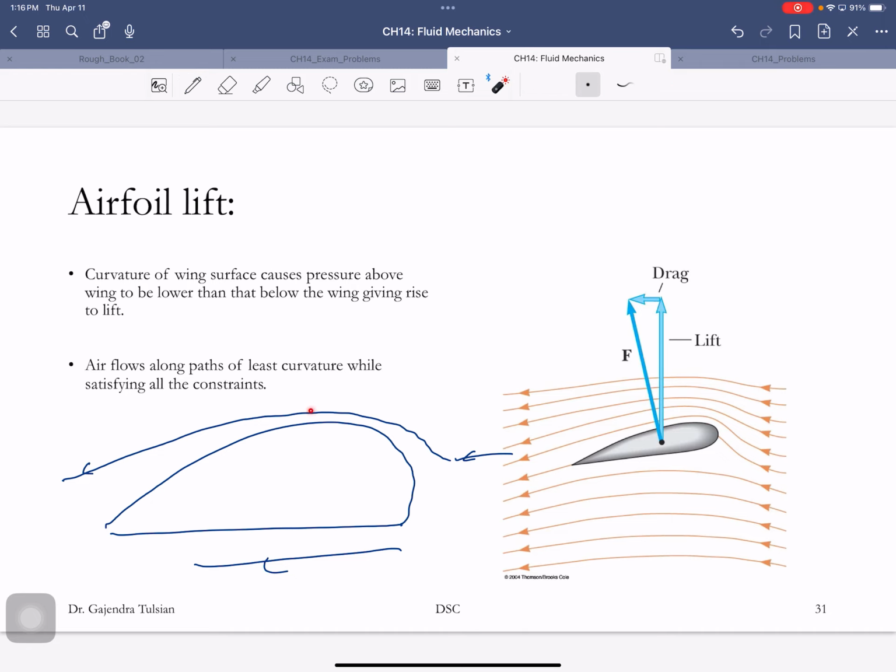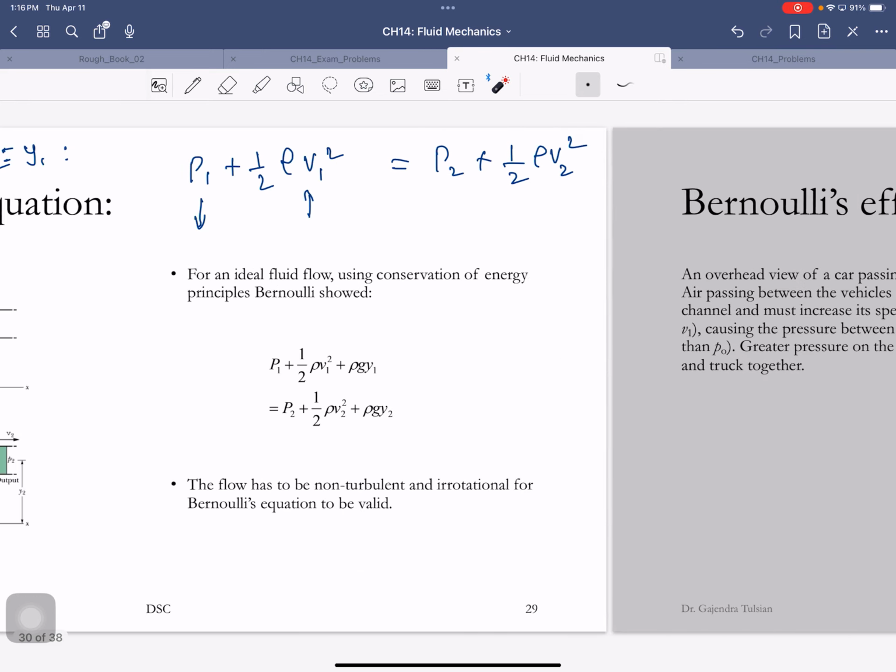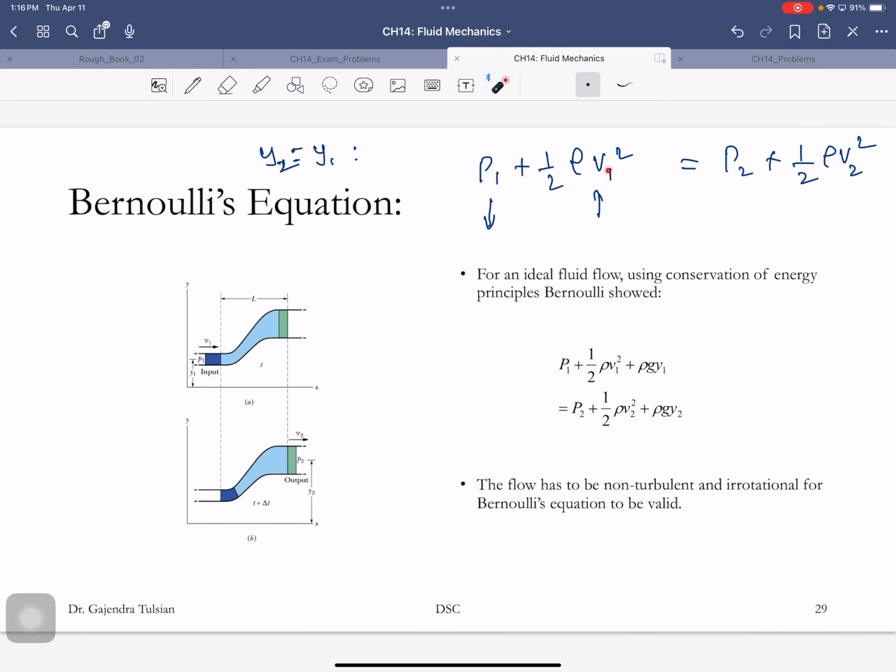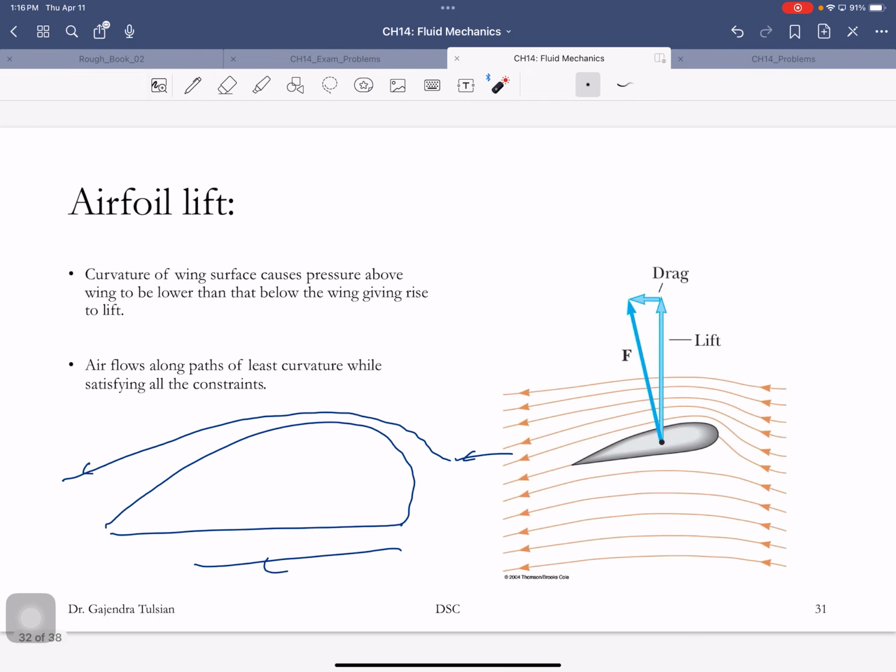Now, when this air is moving faster, what happened to the pressure? When the air is moving faster, the pressure decreased. So pressure at the top is less than pressure at the bottom, and you generate lift.